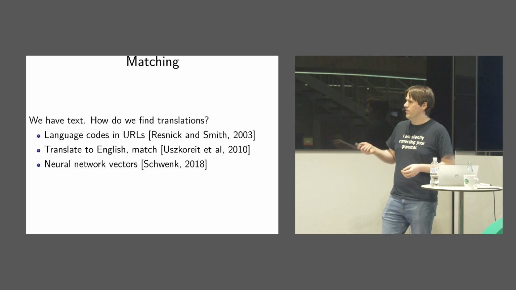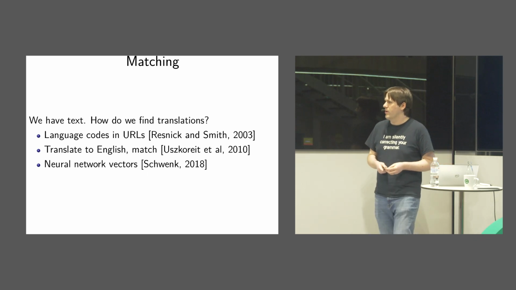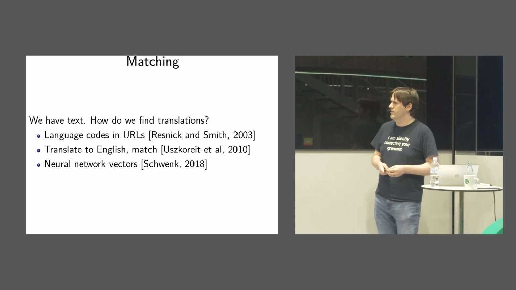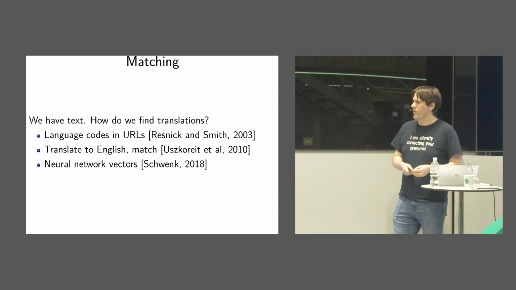Google decided in 2010 that they were going to translate everything on the internet into English and then use that to match data. Not necessarily everything, but a large collection of their web crawl.